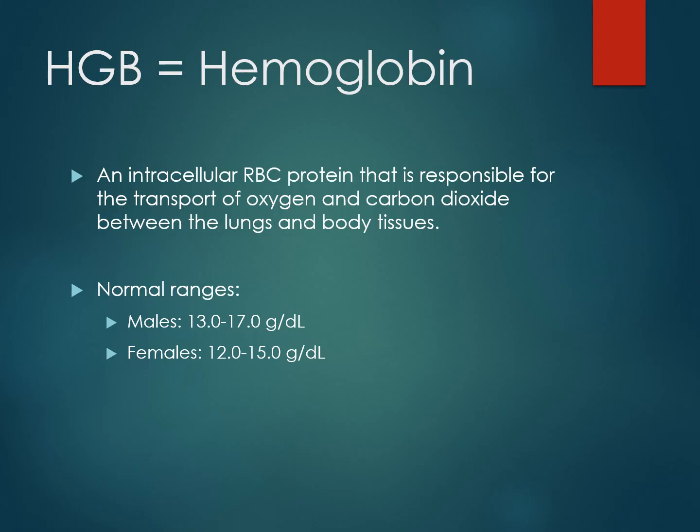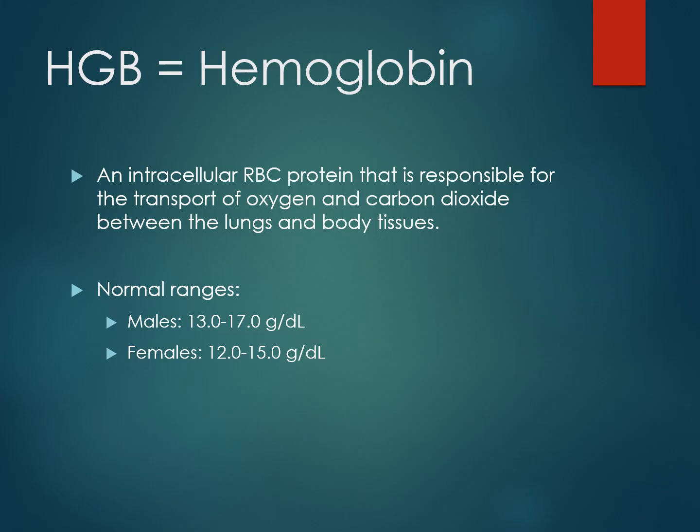Let's take a look at hemoglobin. Hemoglobin is going to be the first indicator that anemia is present. We've already talked extensively about hemoglobin, but we know that it's an intracellular red blood cell protein complex that's responsible for the transport of oxygen and carbon dioxide between the lungs and the body tissues, right?